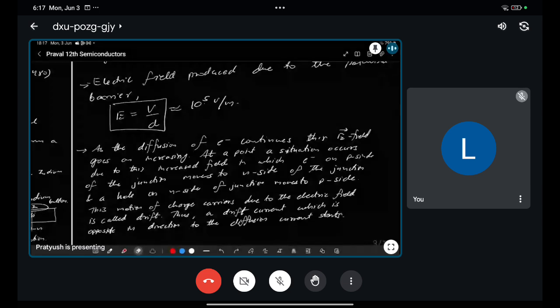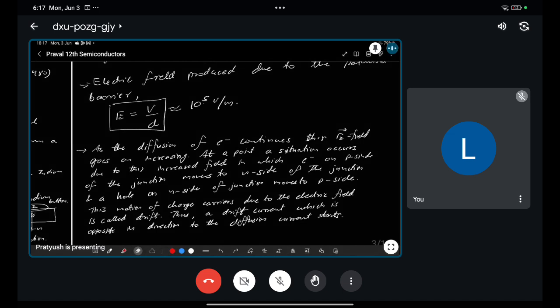Thus, a drift current, which is opposite in direction to the diffusion current, starts. Why is it starting? Again, because after some time, the electric field will become much more powerful. It will start carrying holes back to their original place and electrons back to their original place. So this is called a drift current. So generally in equilibrium, this drift current is equal to diffusion current. Both are equal and opposite. Take it down.